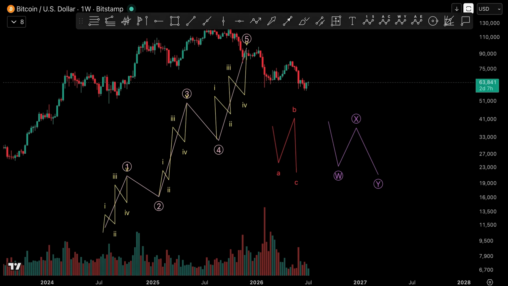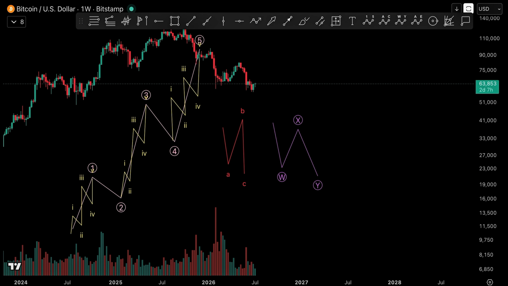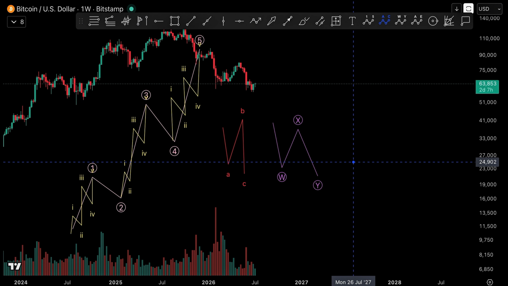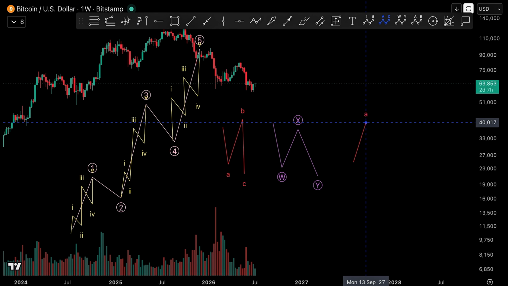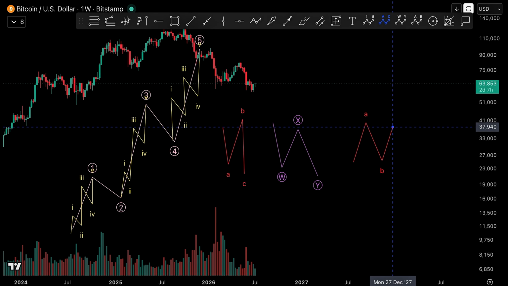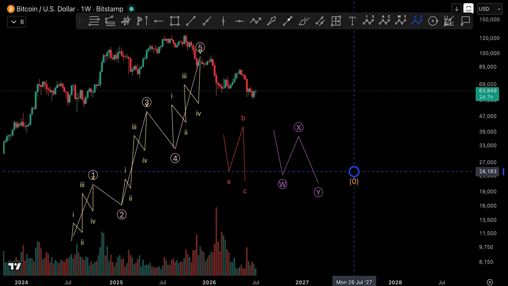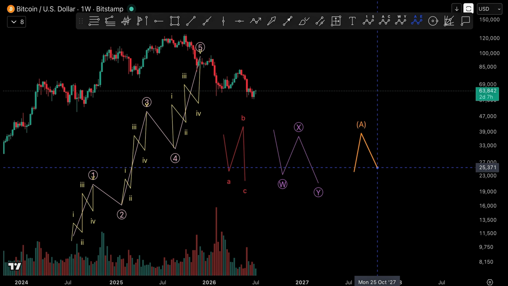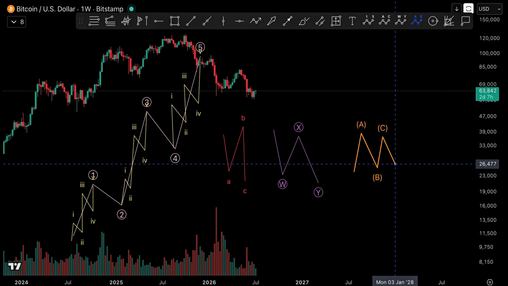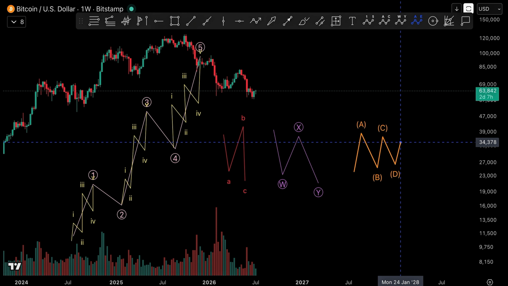And there is also another type of correction that is A, B, C, D, E. So that usually starts like A, B, C. What happened? Okay, this is not that tool. It should be this one. So A, B, C, D, E. So this is a triangle.